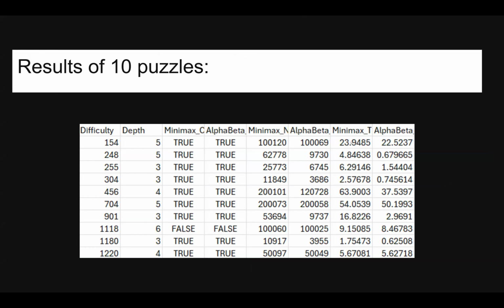As you can see, many of the alpha beta tests evaluated many fewer nodes, and sometimes it got cut off with the branching because it just took too long. So some of them are tied, but both of them only failed one test, and that's because the depth was too high. All right, that's all for my presentation.